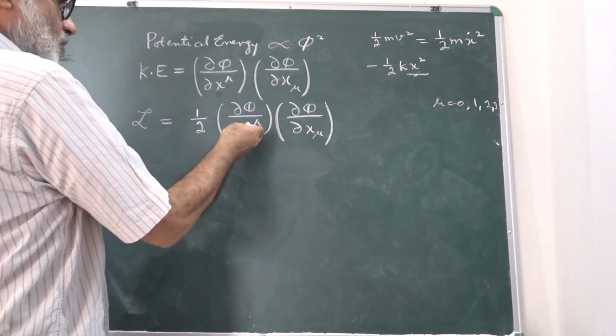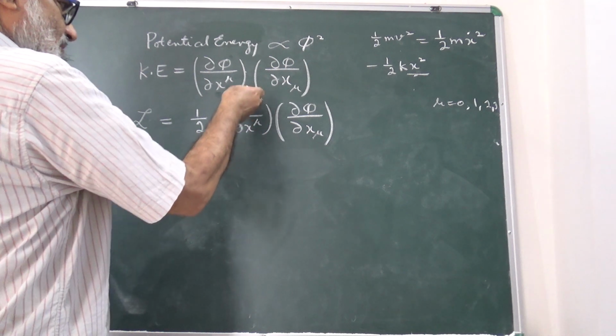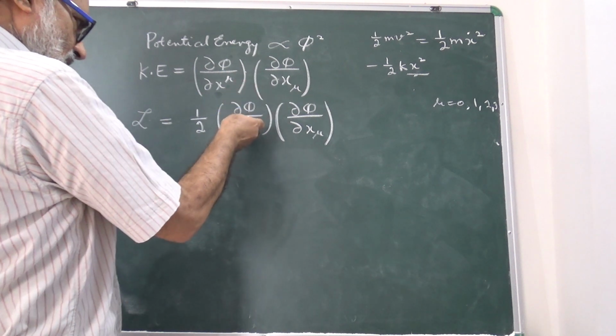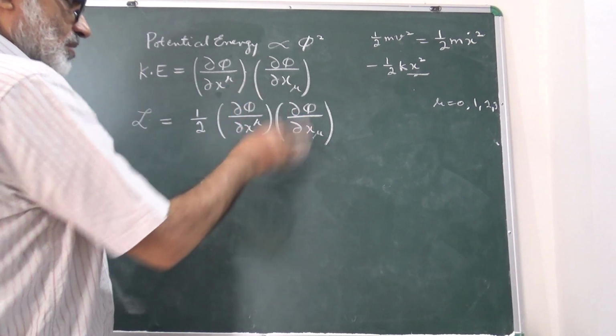Del phi by del x0 is the variation with time, del phi by del x1 is the variation along the x-axis, del phi by del x2 is along y, and so on.